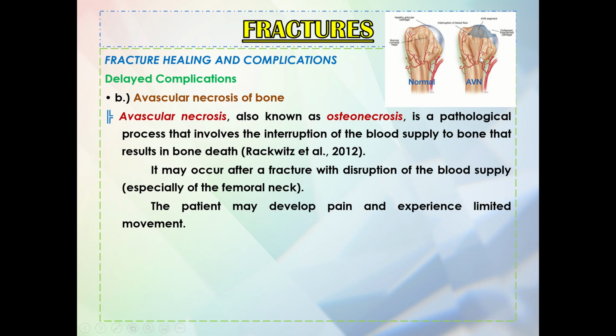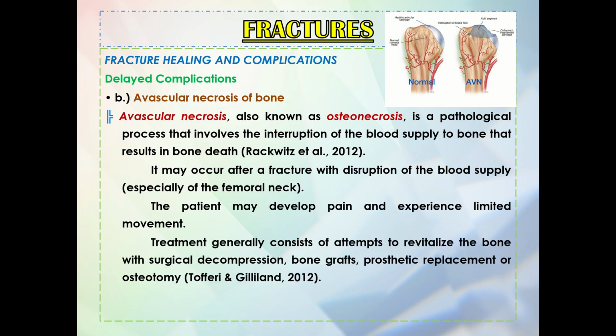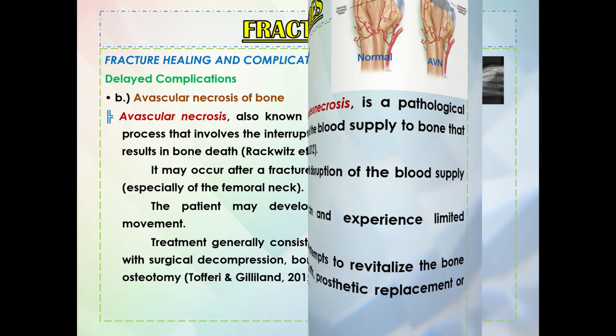So, it may occur after a fracture with disruption of the blood supply, especially on the femoral neck. So, the patient may develop pain and experience limited movement. So treatment generally consists of attempts to revitalize the bone with surgical decompression, bone grafts, prosthetic replacement, or osteotomy. So those are the management for avascular necrosis.